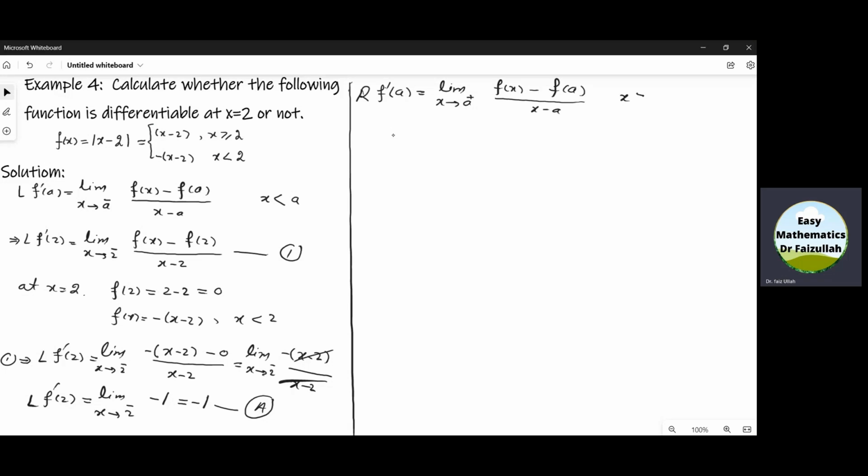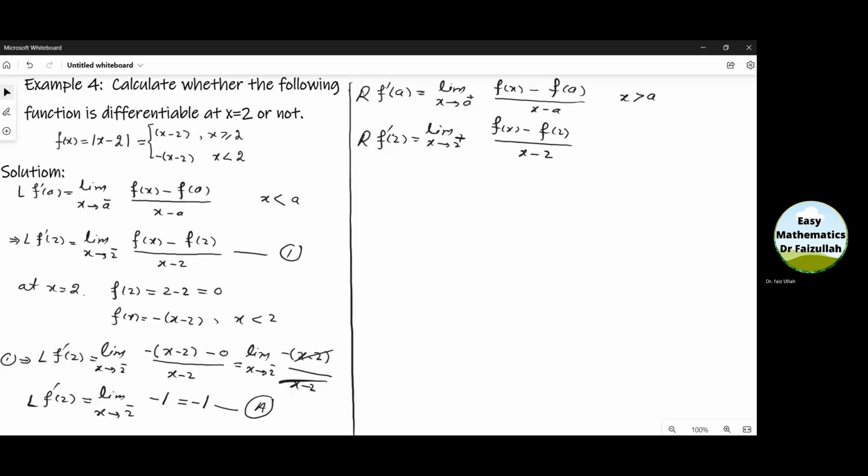But as this is the right hand derivative, we shall take limits for which x is greater than a. Let us substitute the values. Here a is 2, so we write R f dash of 2 is equal to the limit as x approaches 2 plus of f of x minus f of 2 divided by x minus 2.